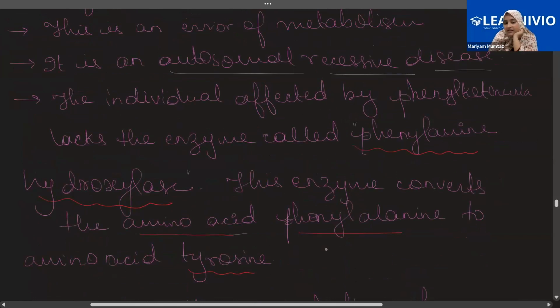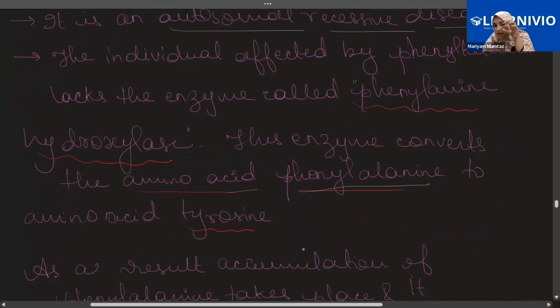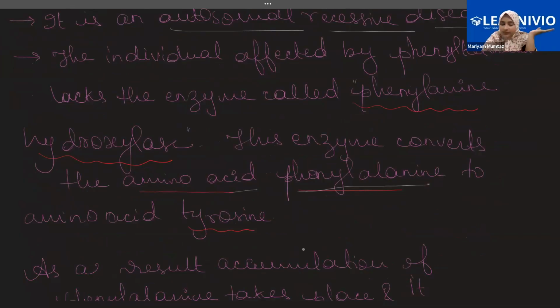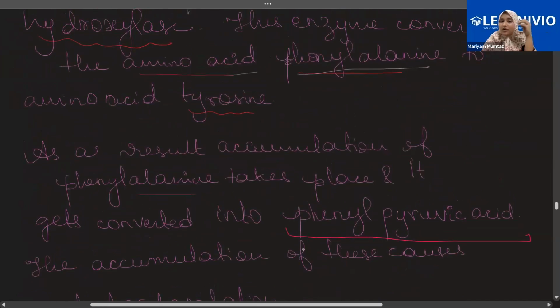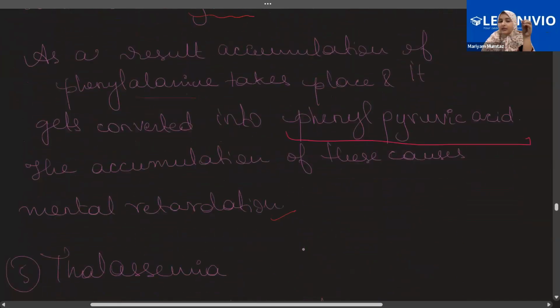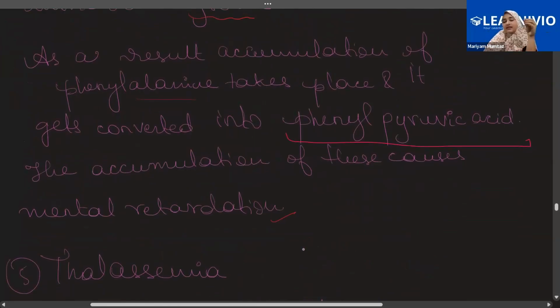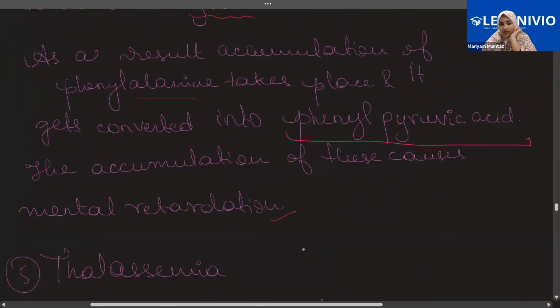This enzyme converts the amino acid phenylalanine into another amino acid, tyrosine. If this enzyme is not synthesized, then the amino acid will not be changed, and the accumulation of phenylalanine causes mental retardation and many effects. Clear? That is why the normal synthesis of this enzyme is very, very important.